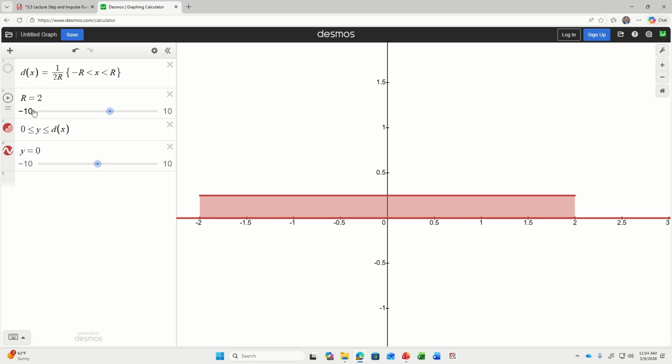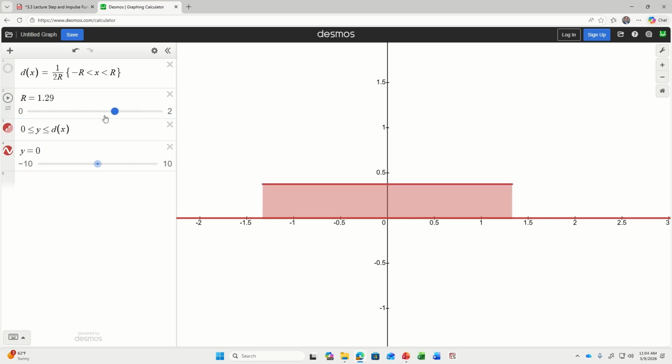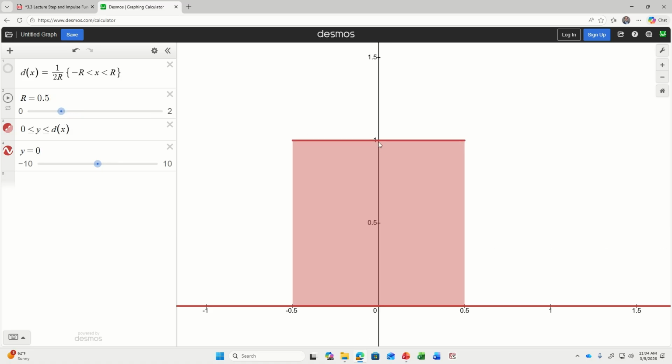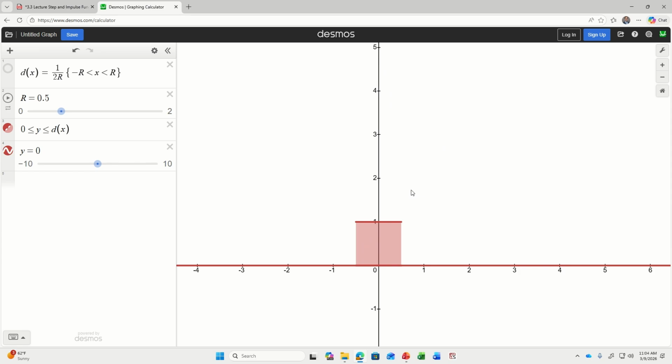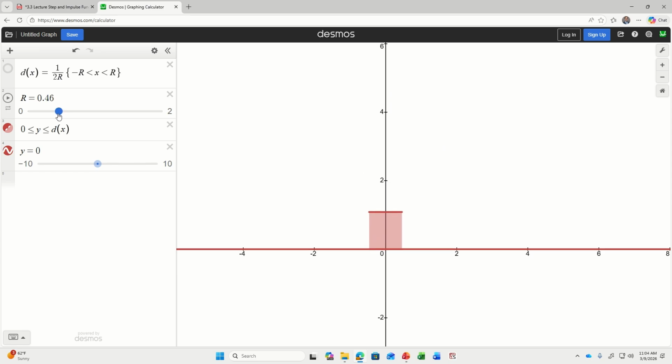And also, if I shrink the width down to 1, the height goes up to 1, and as I make the width smaller and smaller and smaller, the height has to keep shooting up because it wants to keep the entire area equal to 1.